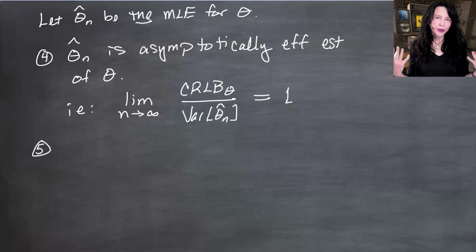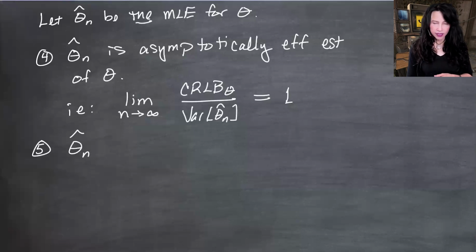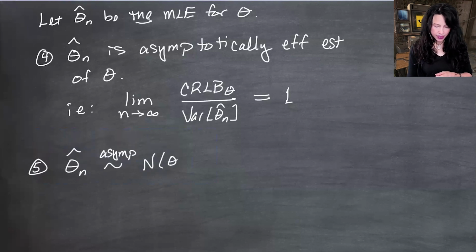Under certain regularity conditions involving certain variances being finite, certain logs existing, things like that, the MLE for theta is asymptotically normal with the correct mean, the thing we're trying to estimate, which is theta, and variance actually equal in that limit to the Cramér-Rao lower bound for theta.